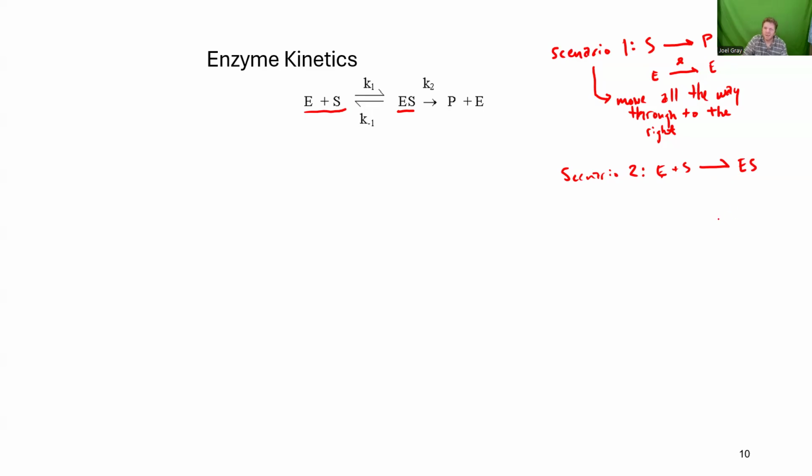But maybe the conditions aren't optimal, in which case that enzyme substrate complex returns to the free enzyme and the free substrate. So effectively, ES breaks down. You could simply put it as no product is generated.